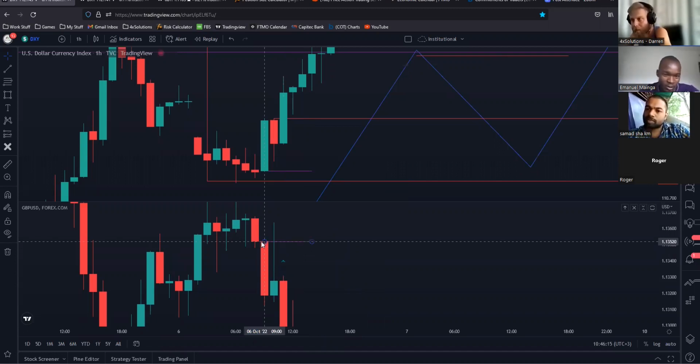Where's the candle that you would like us to look at? This one. This bearish candle opened over here, right? Yes. And this candle is this bullish candle here, right?